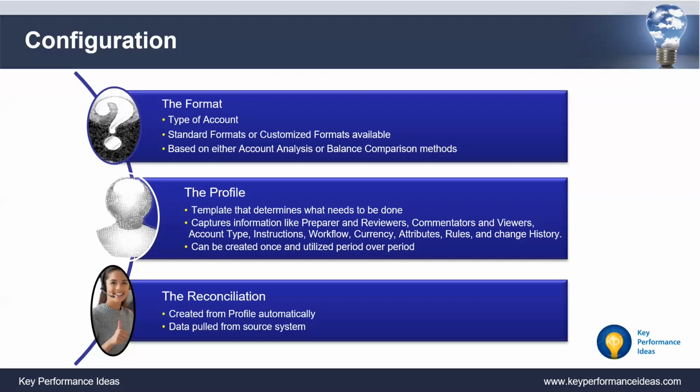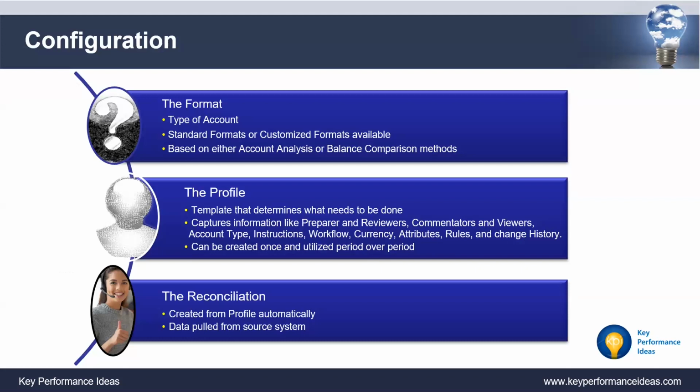And that profile can be changed. However, it also allows us to add additional information that maybe will be within a supplemental spreadsheet or another tab of a 50 tab workbook that we may be using. So things like who's the preparer, who's the reviewer, who's the commentator, who's the viewer. Give me some change history. That would be nice. Give me some rules. Give me some attributes, some custom attributes that I can add.